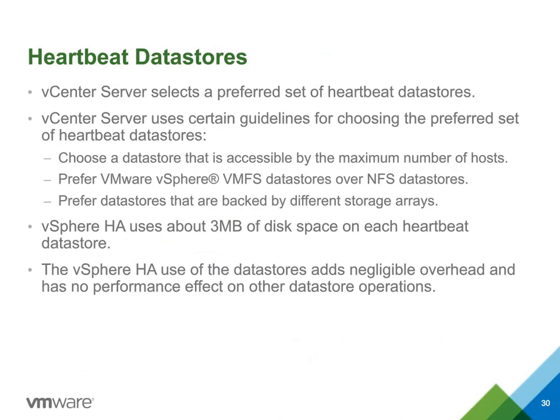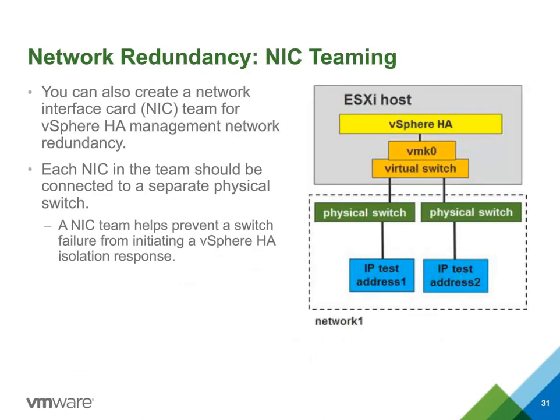So in the previous slide, we talked about how the data store heartbeat mechanism provides us the ability to detect host failures. But as I mentioned earlier, there's also a network heartbeat capability. And to use the network heartbeat capability, you could actually implement that network heartbeating in a singular fashion in which you only have one VM kernel port riding on top of one virtual switch riding on top of one VM NIC going out to one physical switch out to one network.